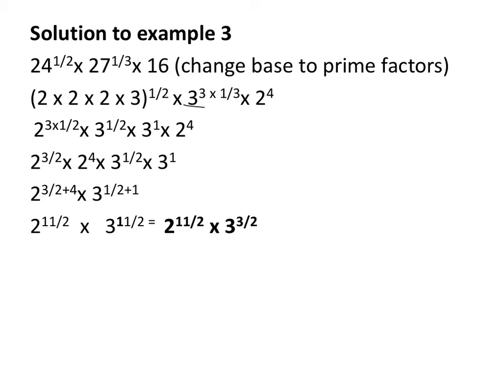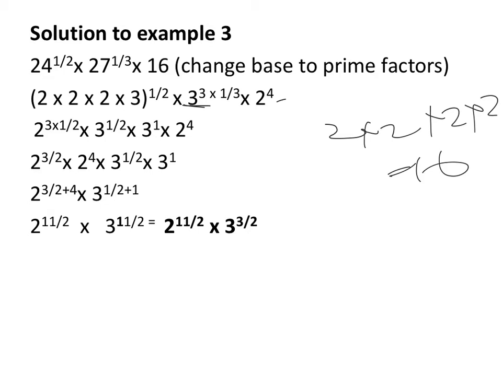Because the power of 27 is 1 over 3, when you change the base to the prime factors, as we've done here, to get 3 over 3, you multiply it by the original power, 1 over 3. So you have 3 raised to power 3 times 1 over 3. And then 16 is equal to 2 times 2 times 2 times 2. That is 2 raised to power 4.